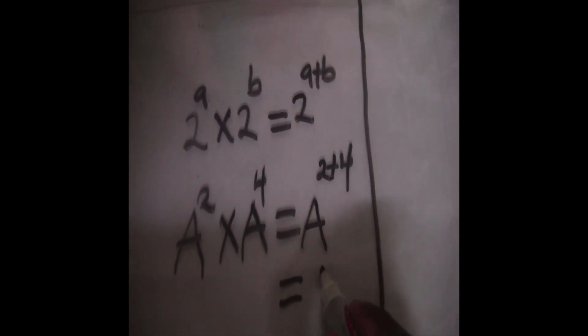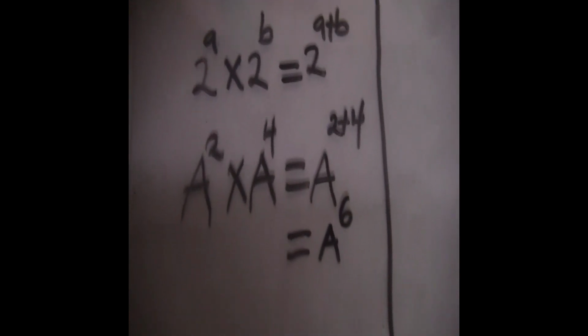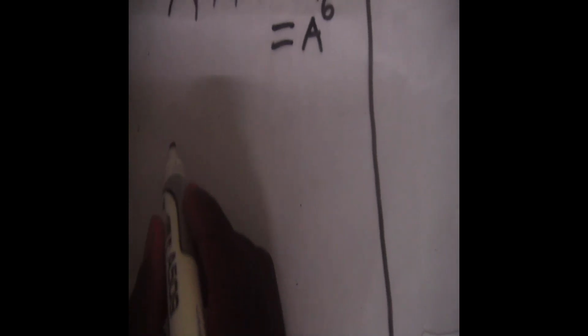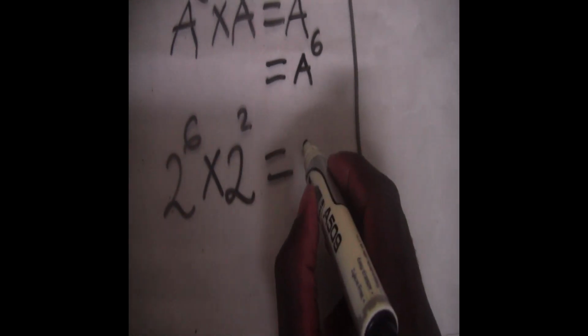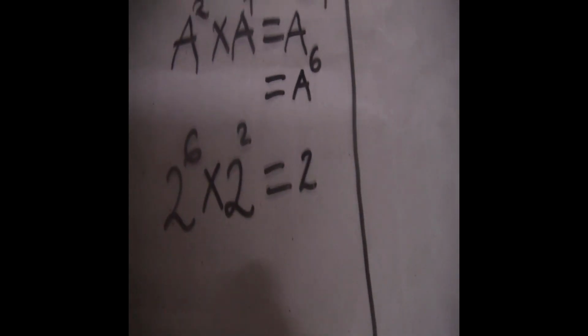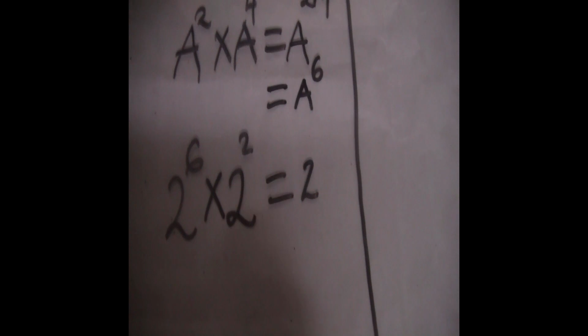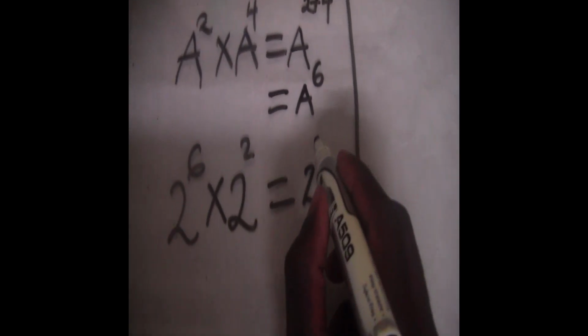So the answer you get is a raised to power 6. You're given 2 raised to power 6 times 2 raised to power 2. You still do the same. The base remains the same. For our case, the base is 2, and you add the powers 6 plus 2, which gets 8.